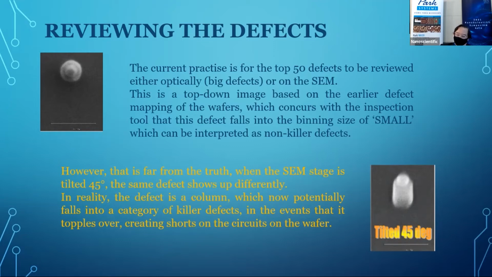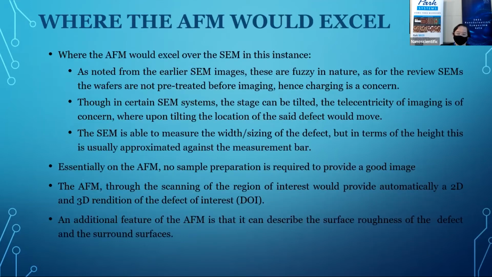So yes, the SEM is able to do tilting for us to look at the defects, but there is a shortcoming to this particular process. That is why the AFM is much better and excels as compared to the SEM. One of the key problems is the SEM image, as I mentioned earlier, is that it is a top-down column of electrons that's hitting the surface.